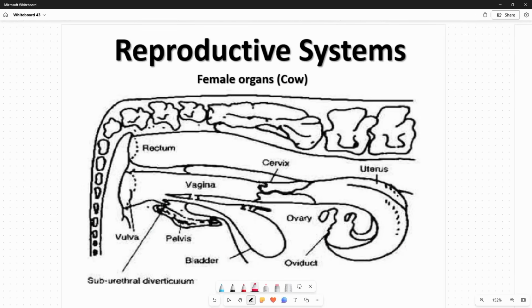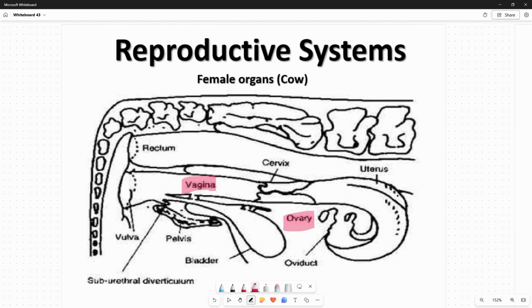So it also has the primary organs, which are the ovaries. So I always say to my learners, what makes the animal a female? It's not the vagina, it's the ovary. Same thing, what makes the animal a male, it's not the penis, it's the testes. Because these are the primary organs where the gametes of an organism are produced.